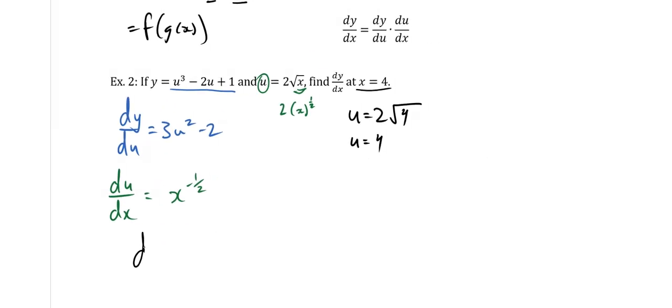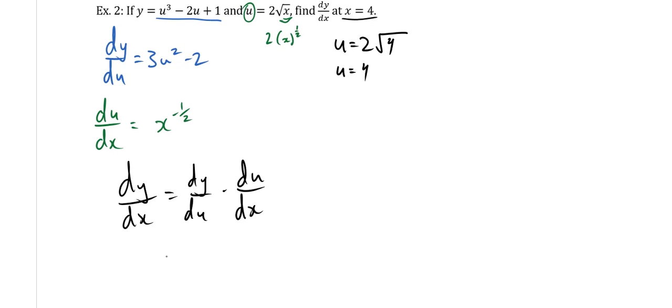Okay, and dy by dx equals dy by du times du by dx. Three u squared minus 2 times 1 over the square root of x.